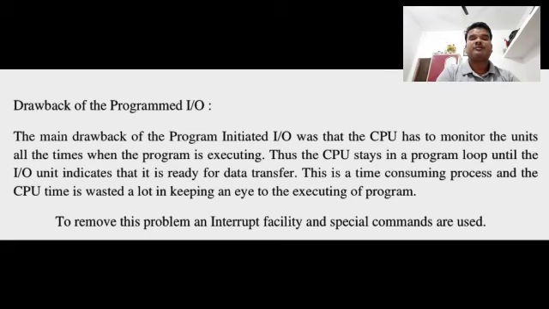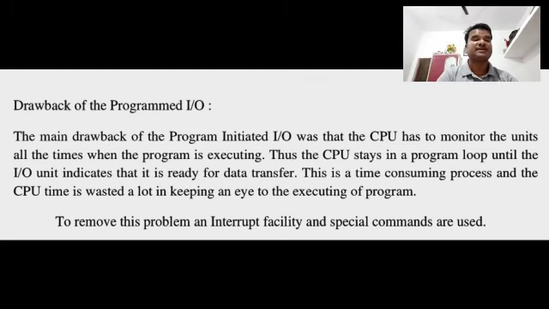What are the drawbacks of programmed input output? The main drawback of programmed input output is that the CPU has to monitor the units all the time while the program is executing.